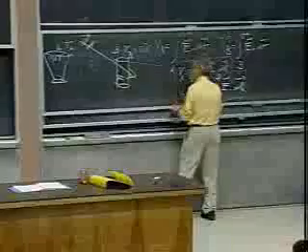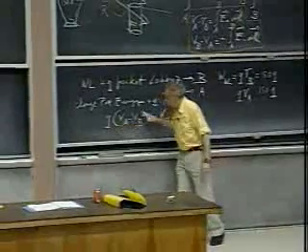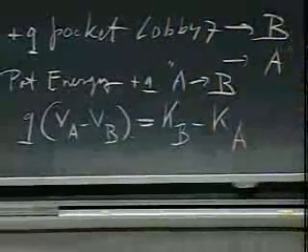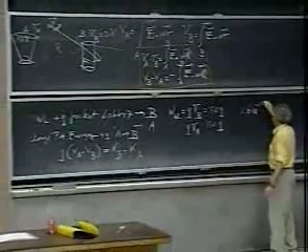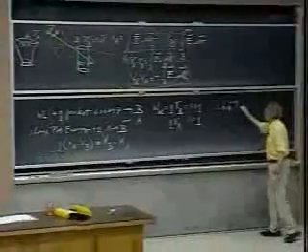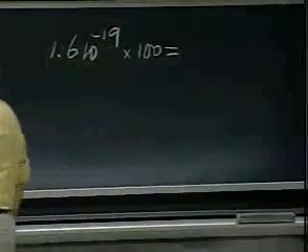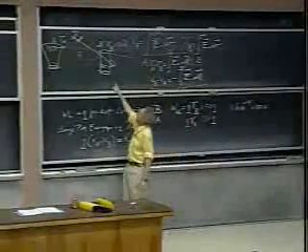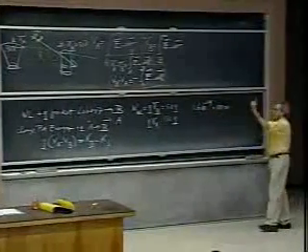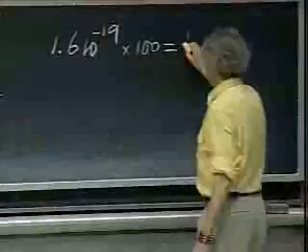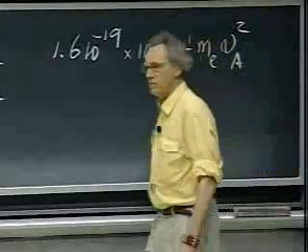Because the available potential energy is the charge of the electron times the potential difference between these two objects. Well, the charge of the electron is 1.6 times 10 to the minus 19 coulomb. The potential difference is 100 volts. And that is the difference in kinetic energy. If I assume that I release the electron at zero speed, then I have immediately the kinetic energy that it has at point A, which is 1/2 m of the electron times the speed at A squared.